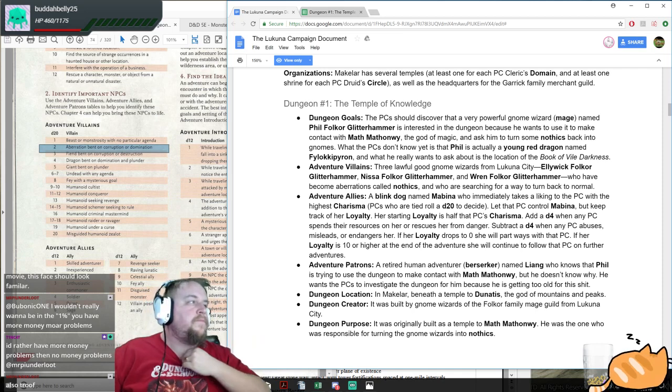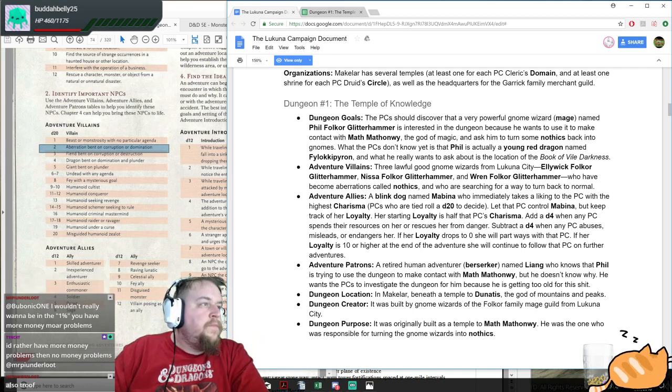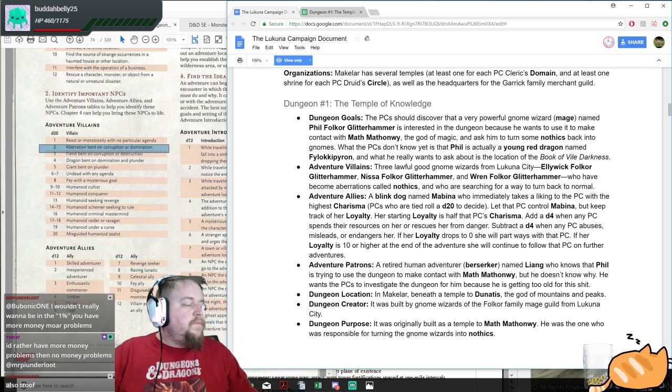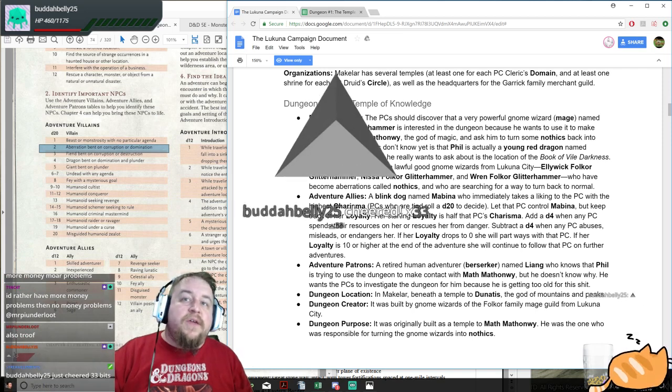So I figured, well, since I'm tailoring this to levels 1 to 4, I should find an aberration that can be defeated if possible.